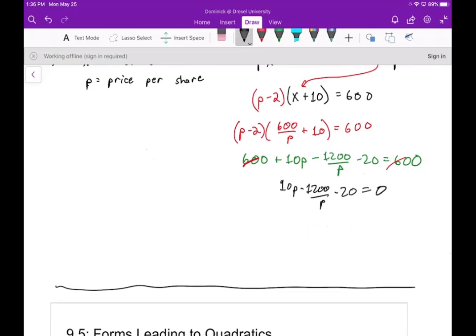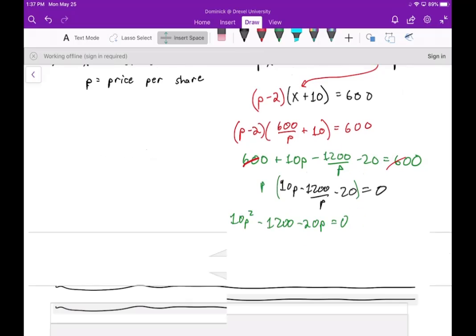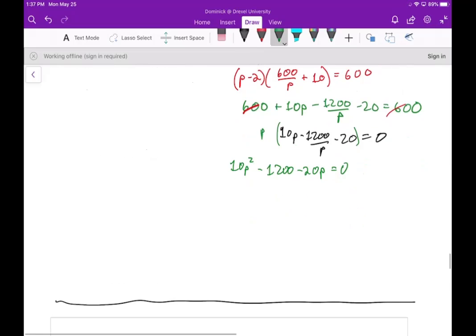Right? So if we multiply both sides by P, we can get rid of the fraction. And we get 10P squared minus 1200 minus 20P. And if we reorder this and divide both sides by 10, we're going to get P squared minus 2P minus 120 is equal to 0.